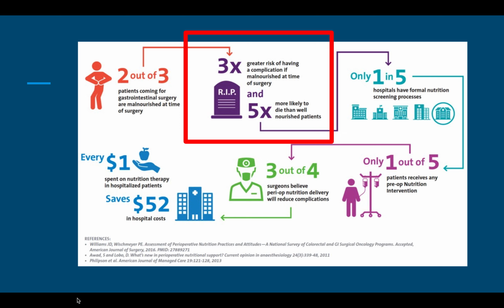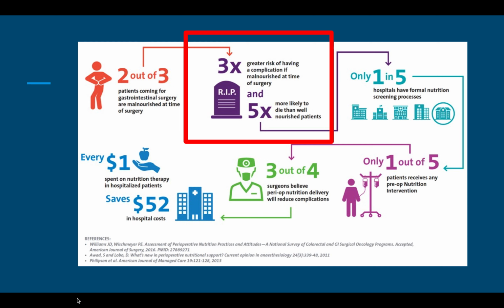And this movement started with patients that were going to get operated for GI issues, because most of them, of course, as expected, will be malnourished at the time of surgery. And that resulted in 3 times greater risk of having complications if malnourished at the time of surgery, and they were also more likely to die.